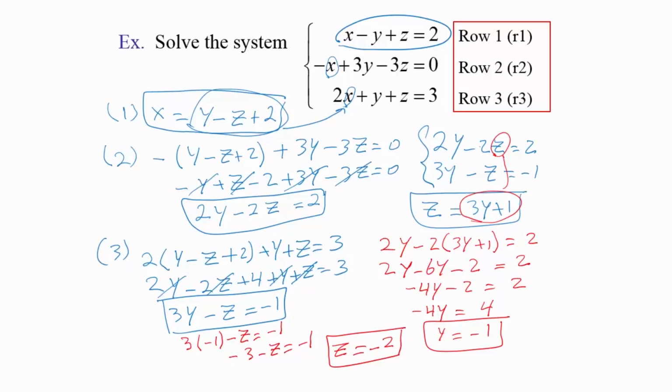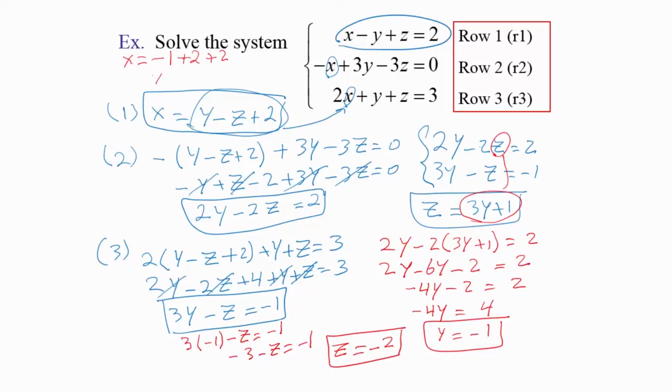So I got the y value, I got the z value. I go ahead and plug them into this first one, and I get the x value. So x would be equal to y minus z plus 2. Y was minus 1. Minus z would become plus 2, since z is minus 2, plus 2.